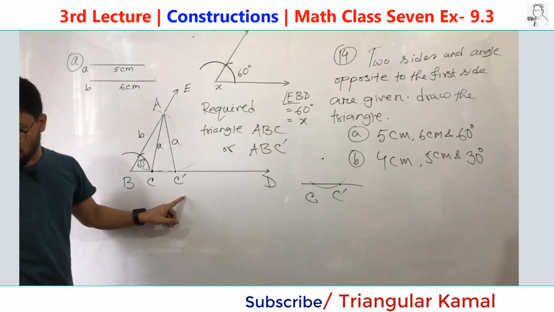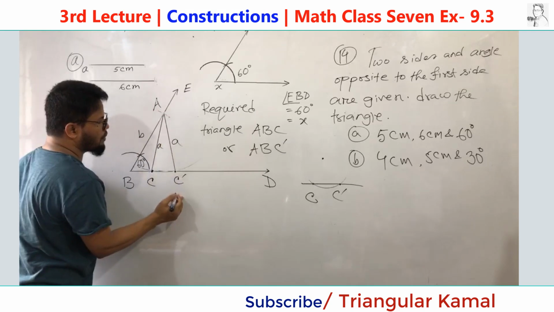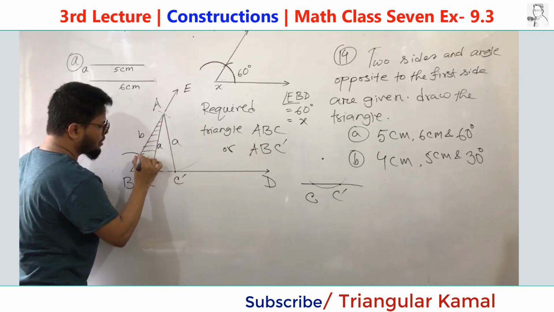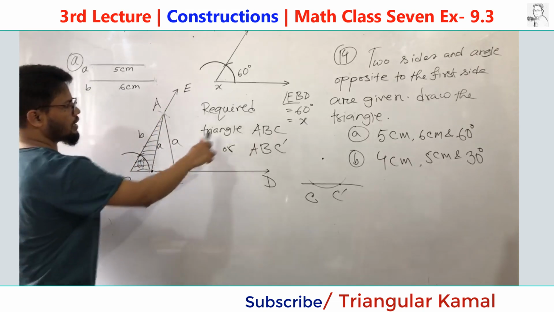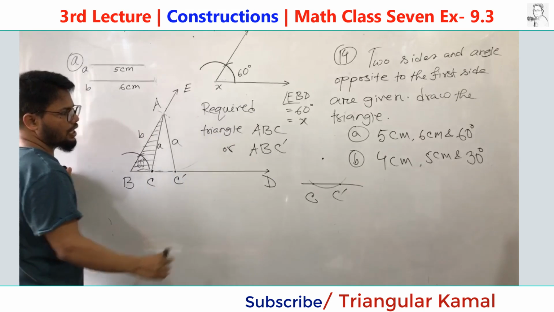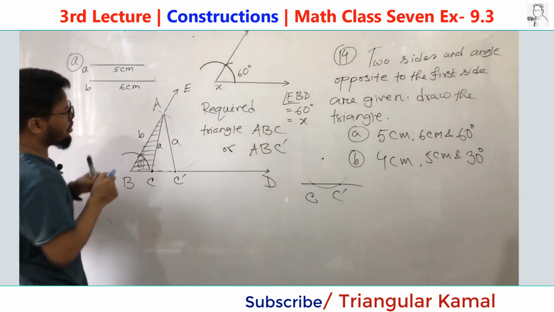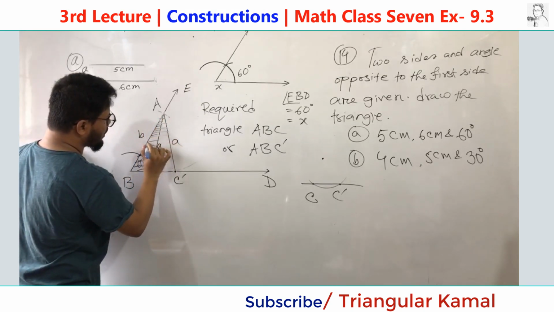Now join A with C and A with C prime. That is this one, the first triangle. ABC is our required triangle, and this one will also be a required triangle, because both follow the steps here.